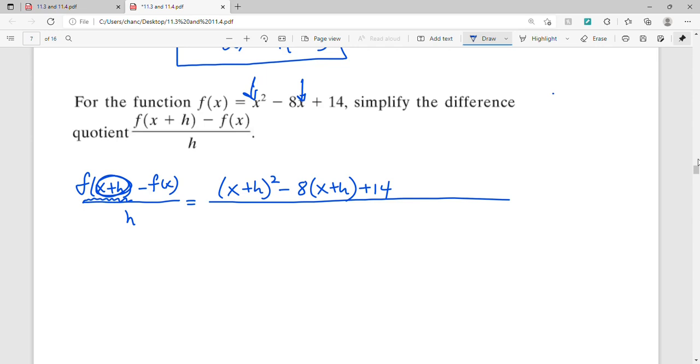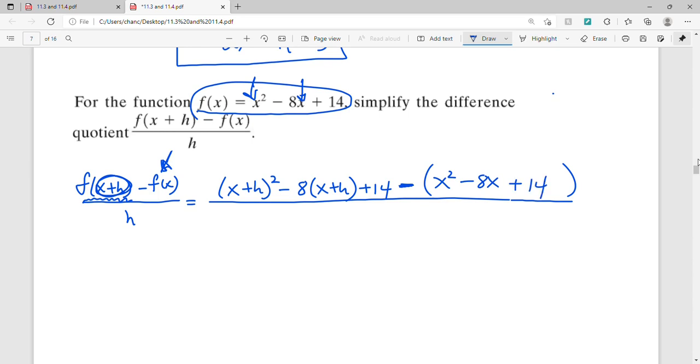Now the next part is the minus f of x, which means we're going to subtract the whole thing. Don't forget you need parentheses. That's the most common mistake that I see. People forget the parentheses. So we'll do x squared minus 8x plus 14 inside parentheses. Don't forget those parentheses.